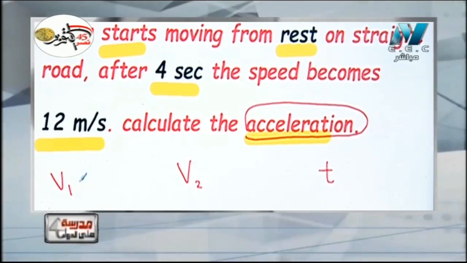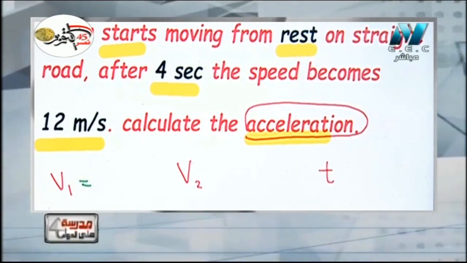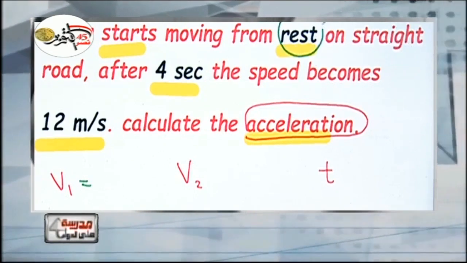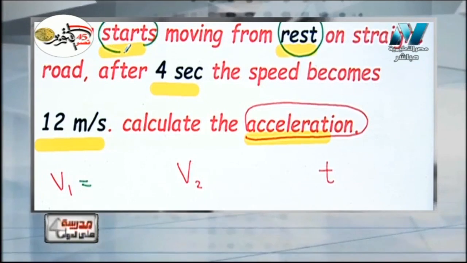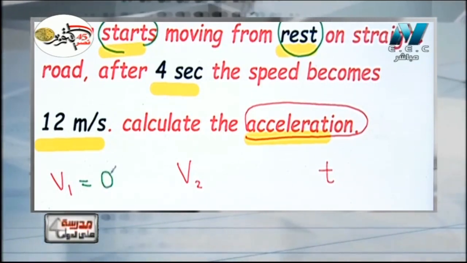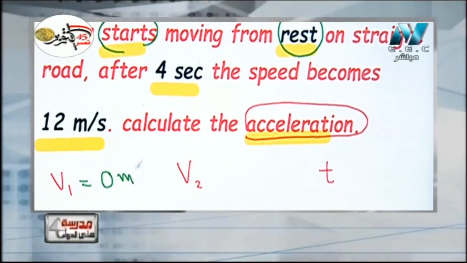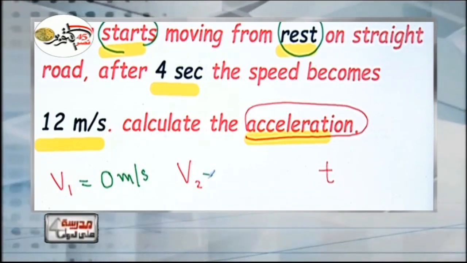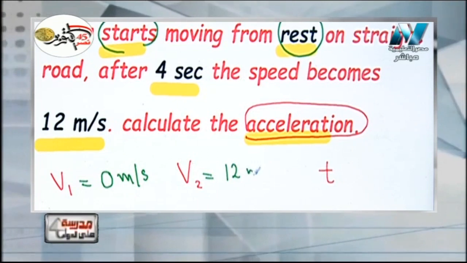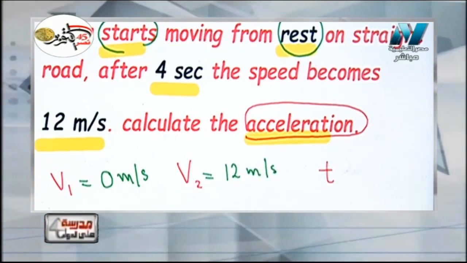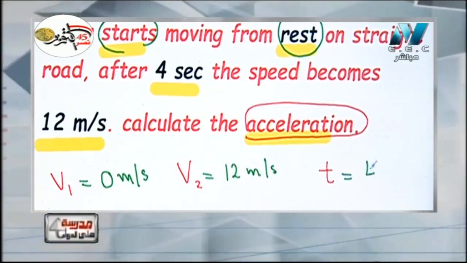V1 equals how many? Equals 0, because the object starts from rest. So V1 equals 0 meter per second. And V2 equals 12 meter per second. And T equals 4 seconds.